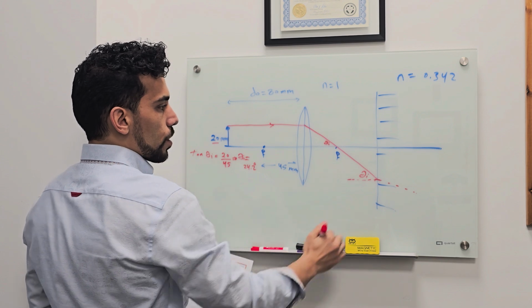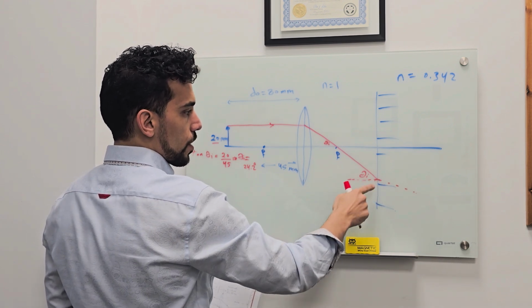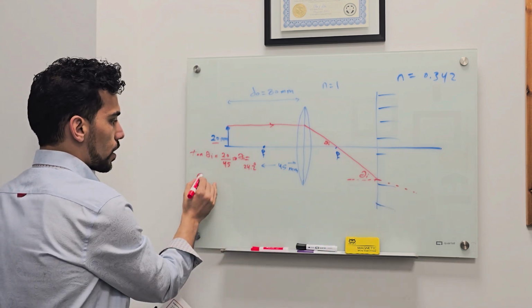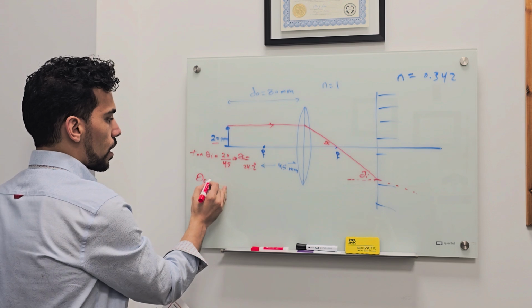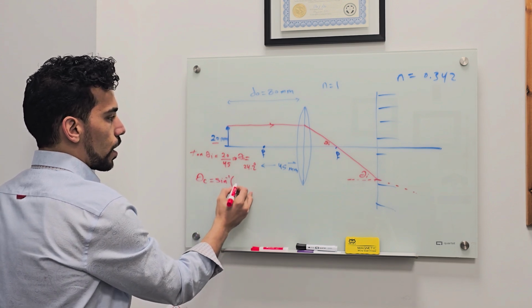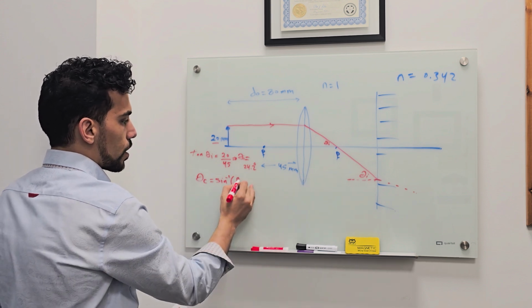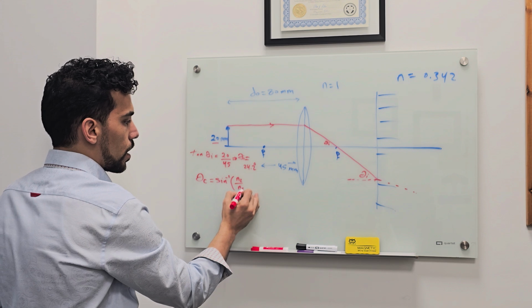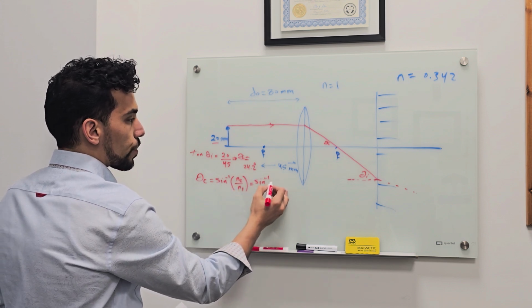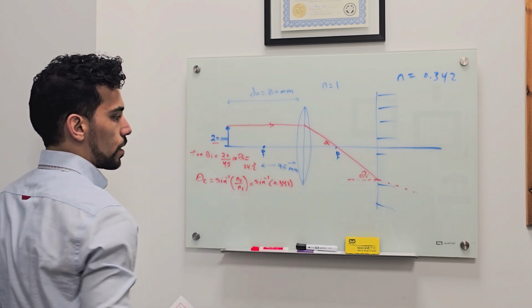Then from here, to know whether it's doing total internal reflection or refraction, we have to calculate theta critical. Theta critical is equal to sine inverse of N2 over N1, which is sine inverse of 0.342.